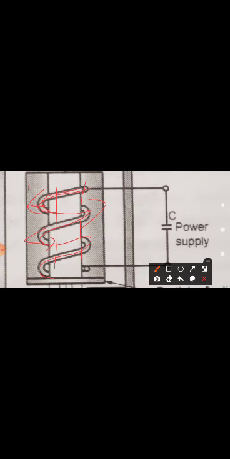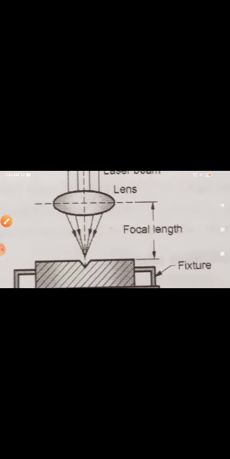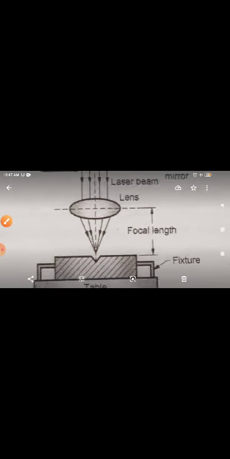Here the mirror is provided which reflects all the light emerging from the flash lamp onto this ruby rod. Now this ruby rod gets energized and emits monochromatic light, which is allowed to fall on this lens, which converges it and allows it to fall on the workpiece and machine the material.